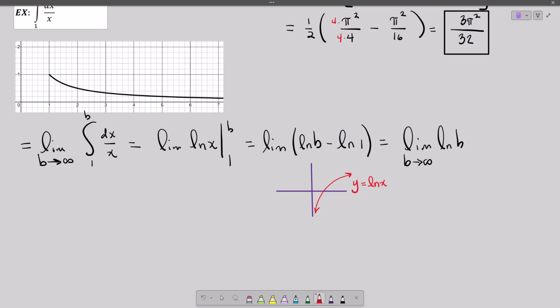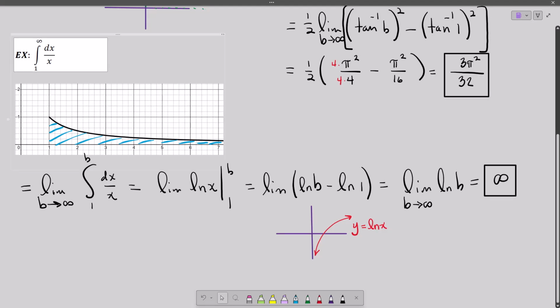Limit as x goes to infinity is infinite. So this tells us that we have infinite area down here. So when we find the area here, this area is not finite. When the power in the denominator is only 1, that's not enough. That curve does not hit the x-axis fast enough. You're going to have infinite area.